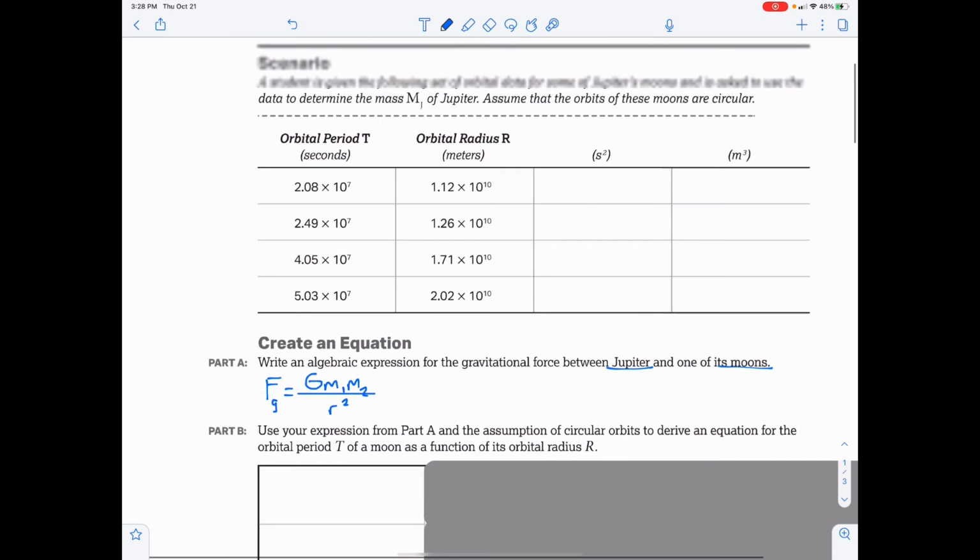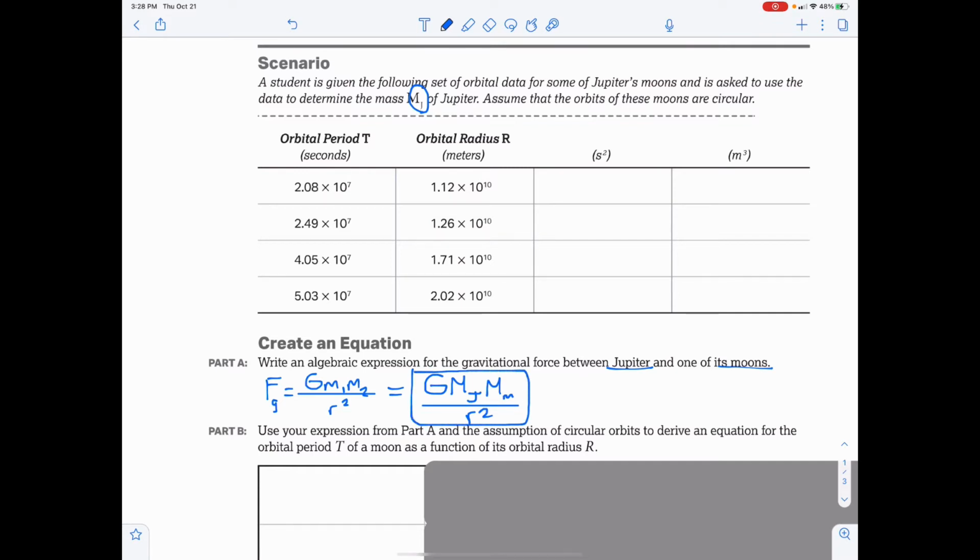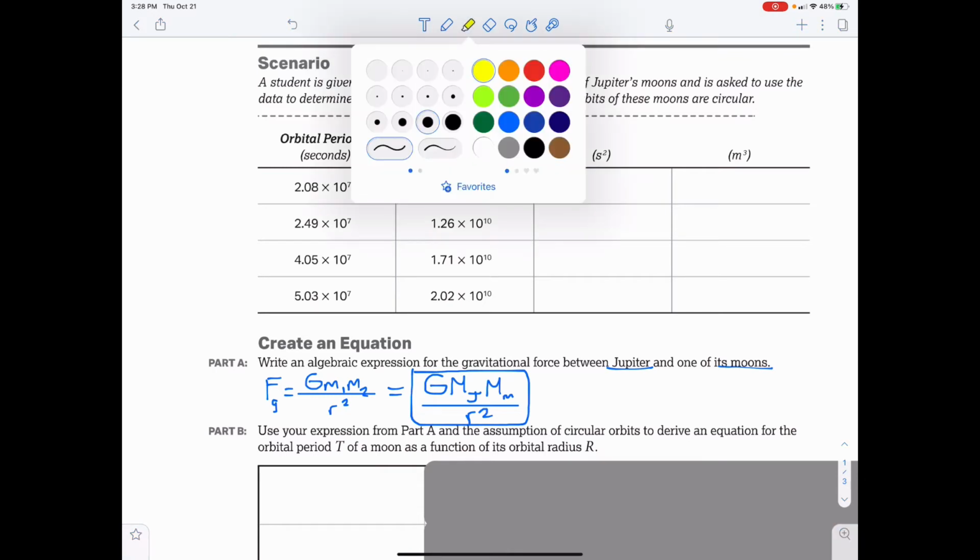But we should be writing it a different way. M_J is the mass of Jupiter, so we're going to write G M_J times the mass of the moon divided by r squared. That's Newton's law of universal gravitation formula that relates the gravity of Jupiter and one of its moons.